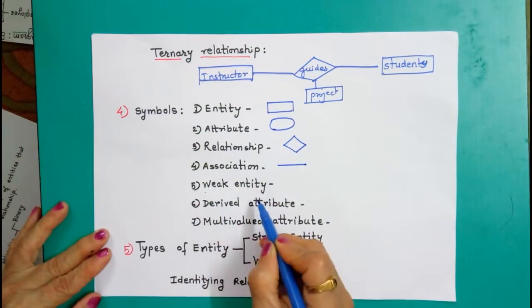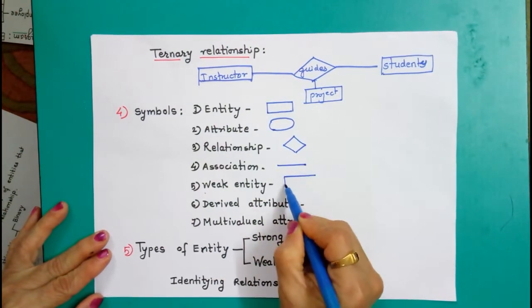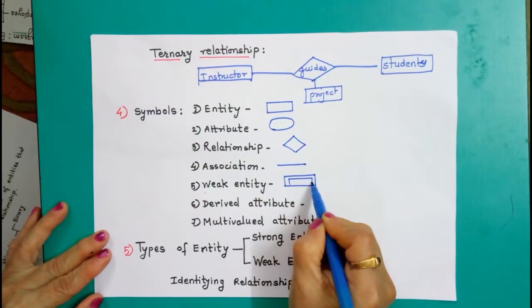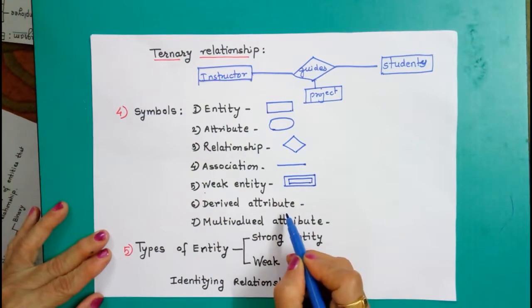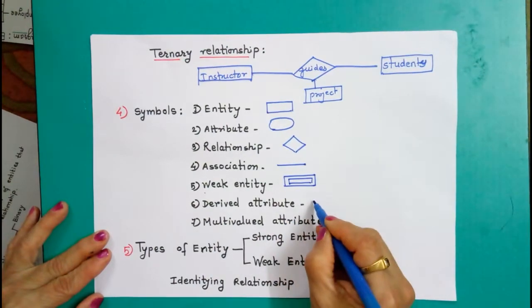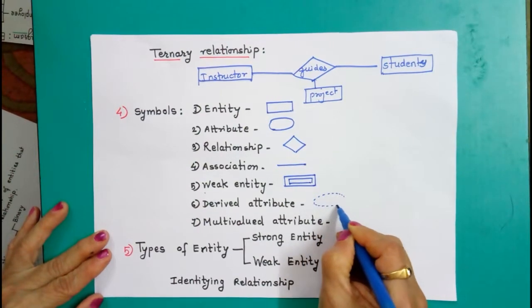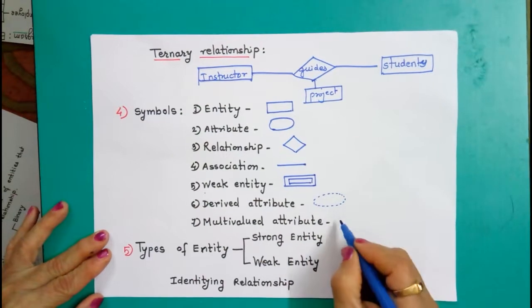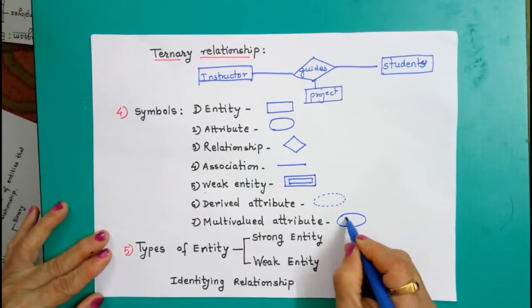Weak entity is represented using a double rectangle. Derived attribute is drawn using a dotted oval. Multivalued attribute is represented using double oval shape.